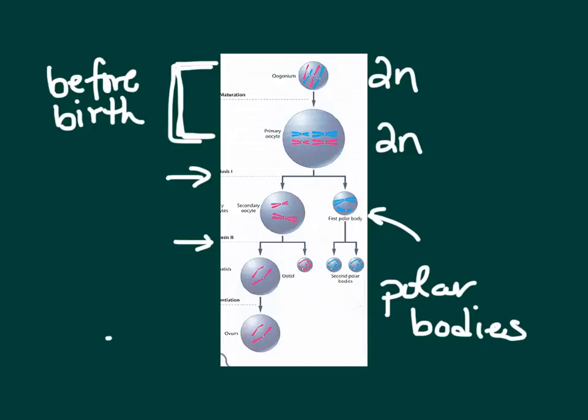Now, this process we said happens during puberty. It is not impossible for a polar body to be fertilized instead of an oocyte. It has all of the necessary DNA, but it doesn't have enough of the other material to create a viable life. So if a polar body is fertilized rather than an oocyte or an egg cell, we call that a blighted ovum.